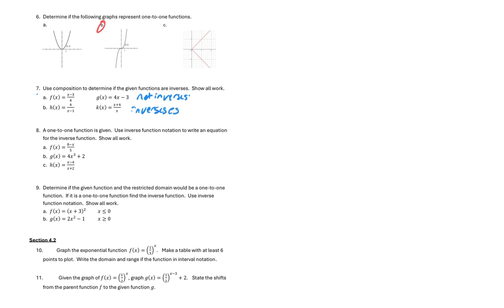A one-to-one function is given. Use inverse function notation to write an equation for the inverse function. Show all work. So this part, A, will be x is equal to (8 minus f inverse of x) all over 5. We're going to then solve for this f inverse. So multiply both sides by 5.